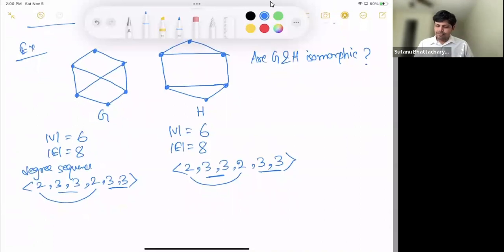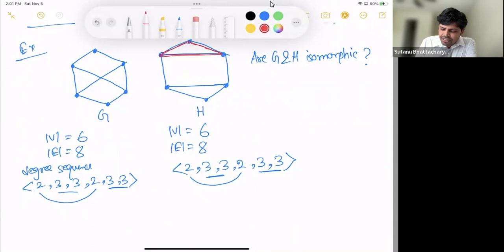But isomorphic means they should be the same. So we need to check whether there is anything else that looks different. If you look here, we have one circuit, and the length of that circuit is 3, because only 3 vertices are in that circuit.